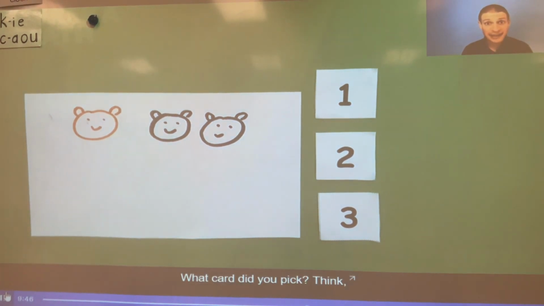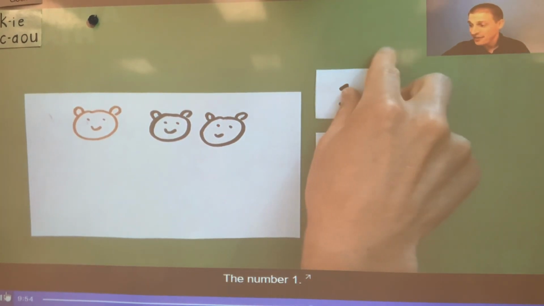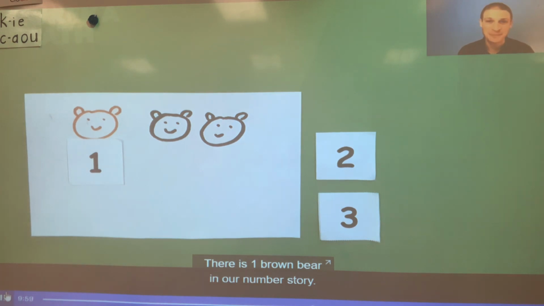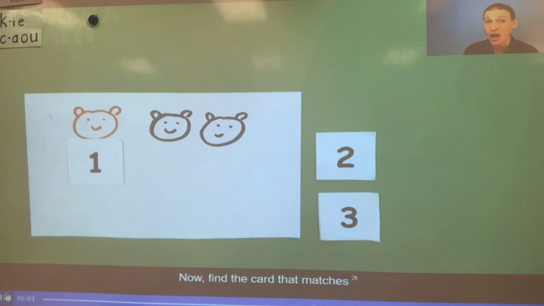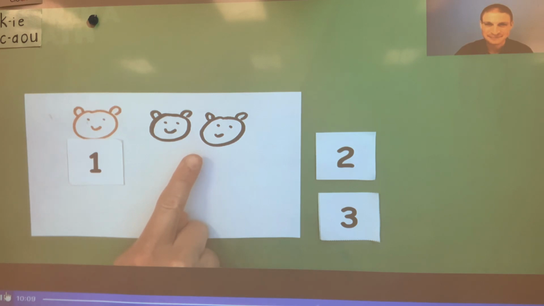What card did you pick? Think and say it. The number 1. There is 1 brown bear in our number story. Now, find the card that matches the number of black bears we have in our story.